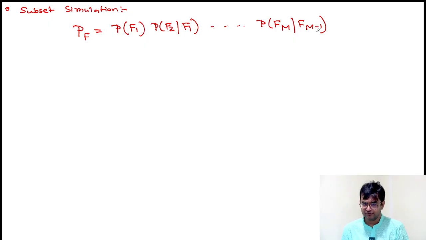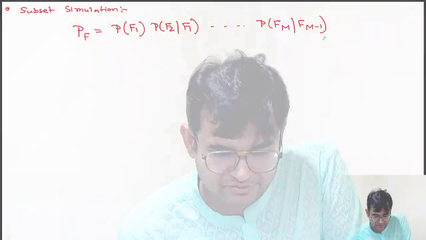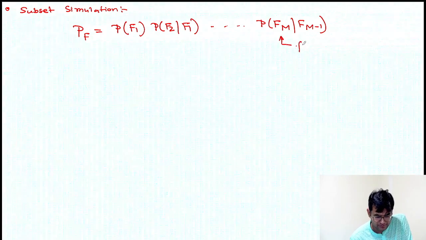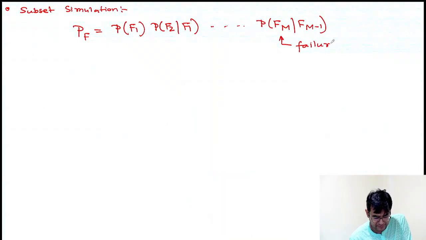This is the Markovian kind of decomposition, where F1, F2 are some events, they cannot be the failure event. Fm is the actual failure event. We discussed this yesterday, nothing new.